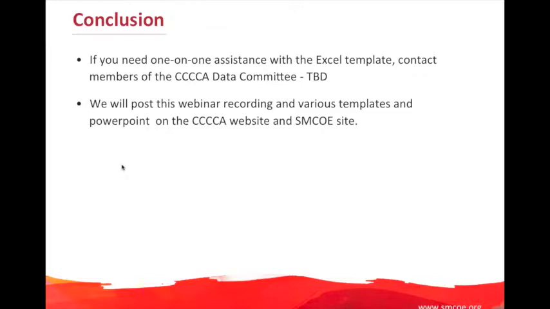The PowerPoint will be in there, and if you request, I can look and see who's on the call today, and send you a link to that Dropbox folder. It won't allow you to change them, but you can download them and then work with them on your own desktop.